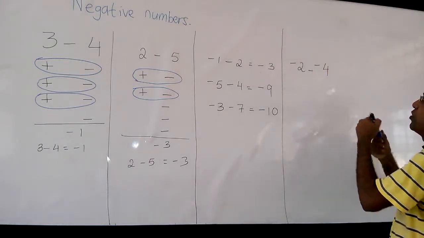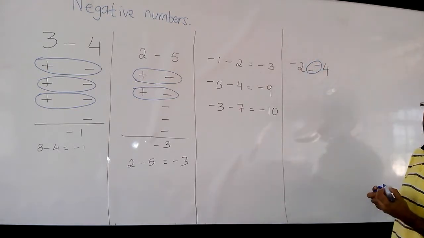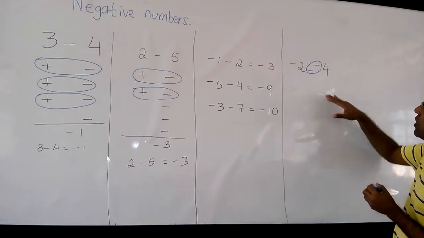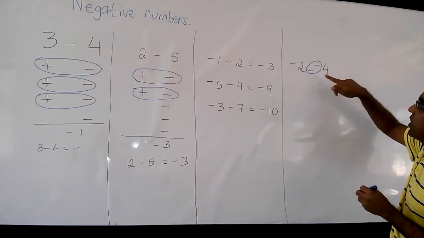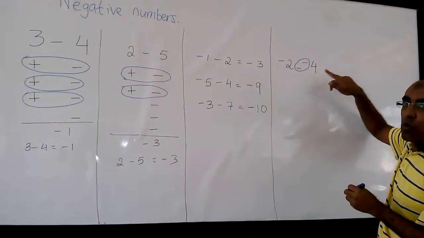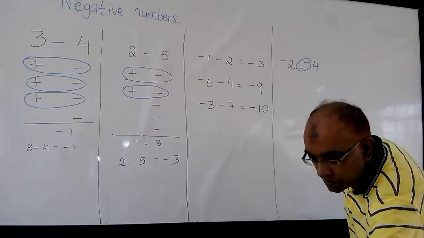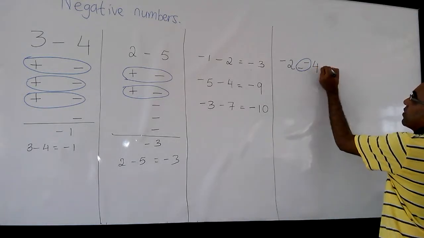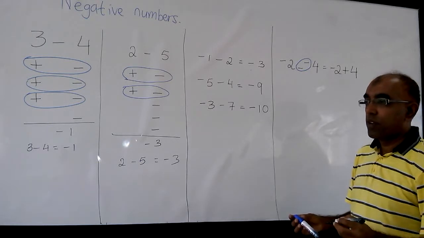So when I have 2 minus, I can put it like this and circle it. Right? So here, remember the stairs. When it goes like this, then these 2 minus will become plus. Which means I have -2 plus 4. Right?